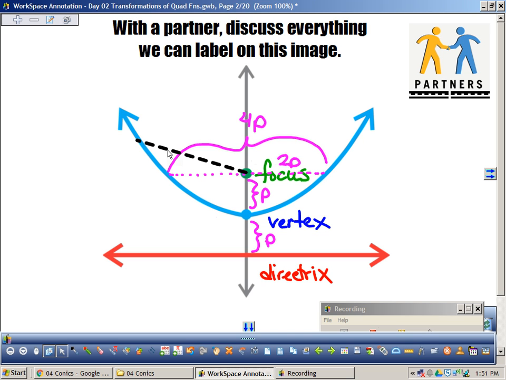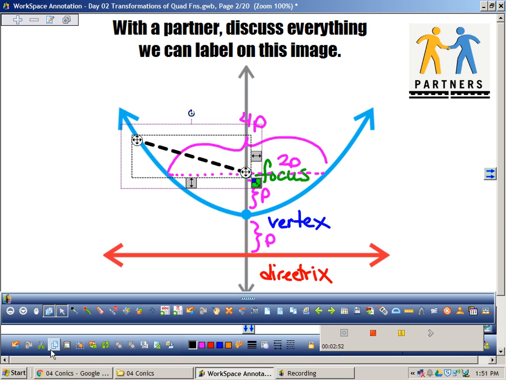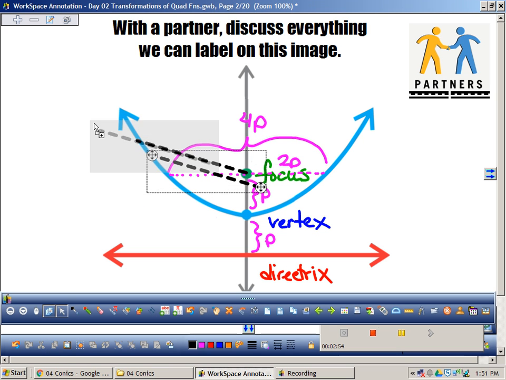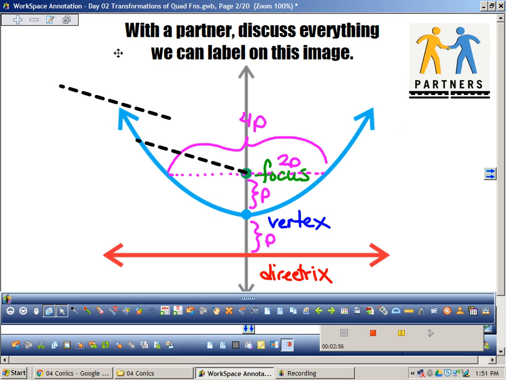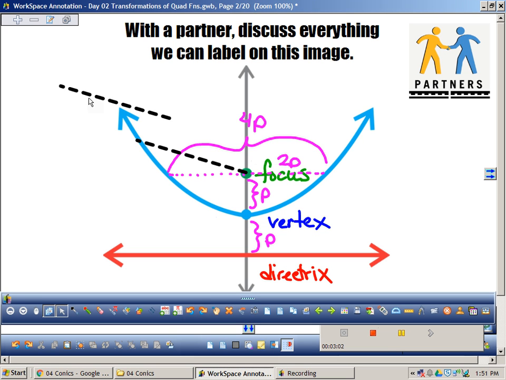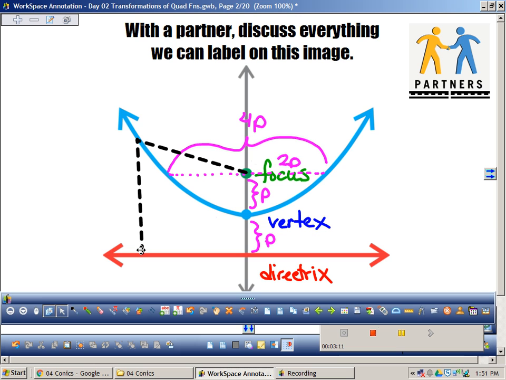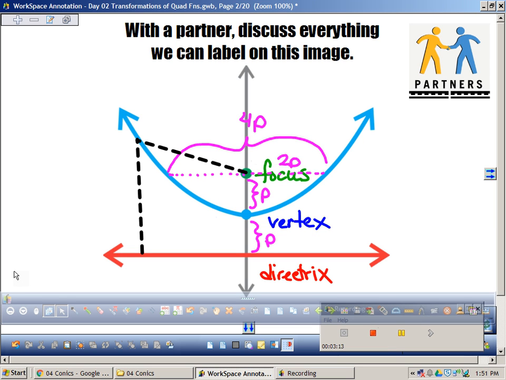So if I take this line and copy and paste and rotate it, and I just messed up. Come on, where are you? And rotate it to 90 degrees, it should be the same distance. Isn't that cool?